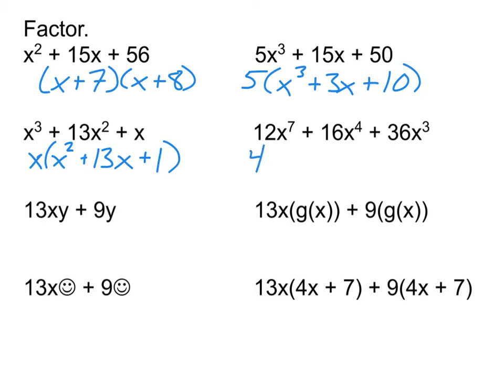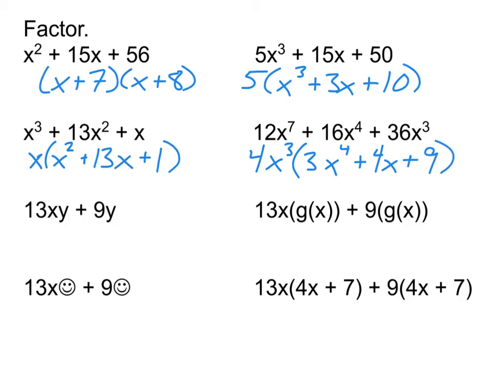So I can pull a 4 out of all the numbers. But again, we also have x's in every term. The 7th, the 4th, the 3rd. So how many x's can I pull out of every term? 3, absolutely. And so I'm actually going to factor out 4x cubed here. And so then I divide each term by 4x cubed. So that becomes 3x to the 4th, plus stays a plus, 4x, plus stays a plus, and 9.